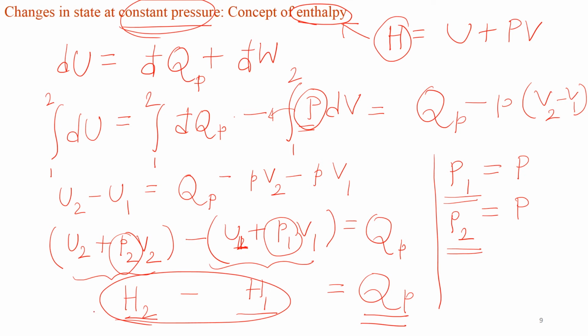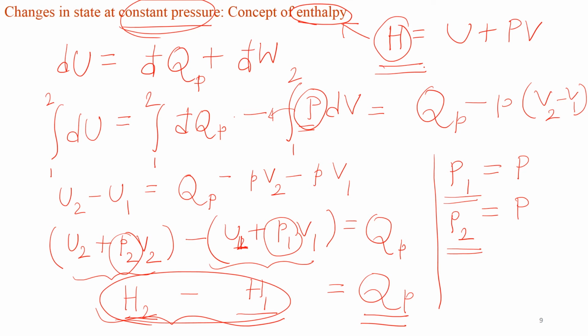Since we could write it as H2 minus H1, a difference of the physical quantity at state 2 minus state 1, H must be a state function, it is not a path function.